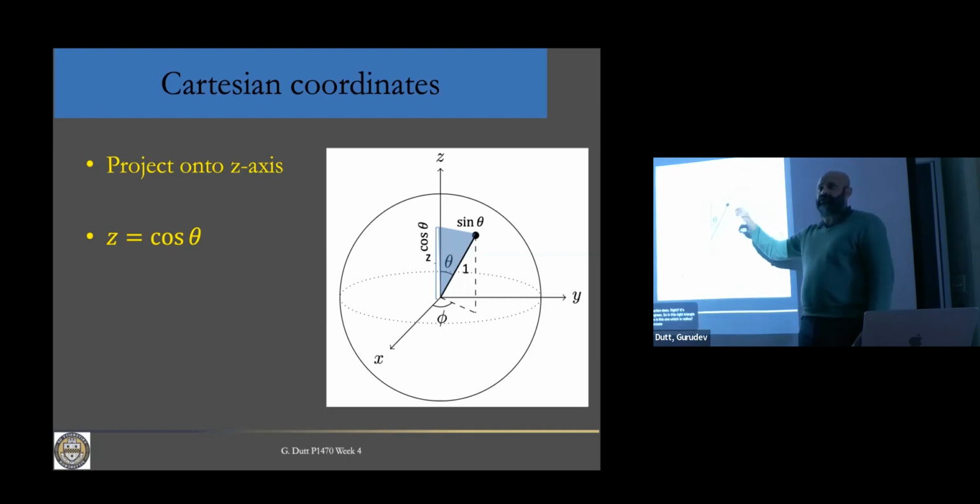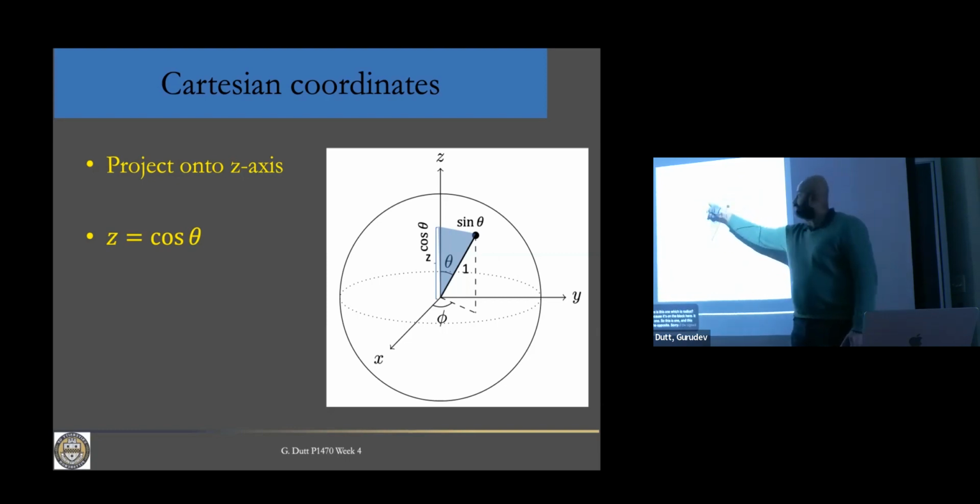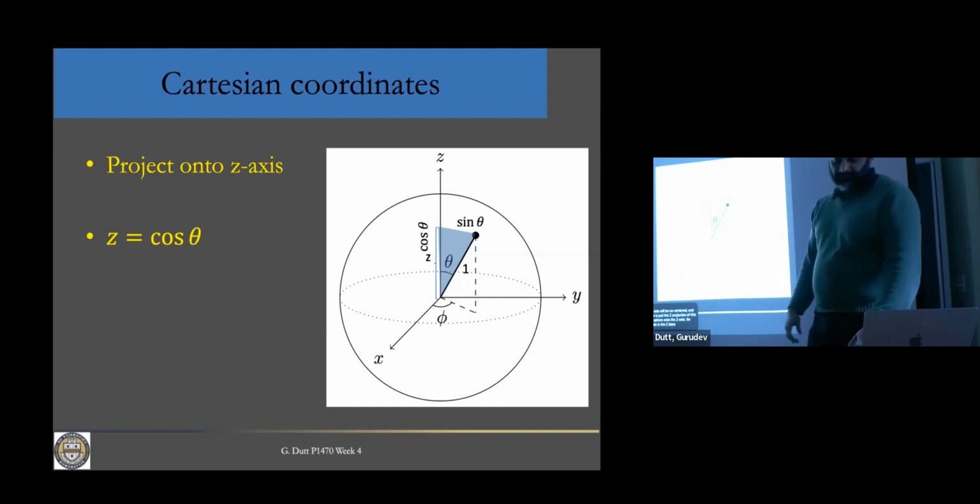Remember, because it's on the Bloch sphere, it has to have radius 1. So this is 1, and this angle is theta. The opposite side will be sine theta, and the adjacent side will be cosine theta. And that adjacent side is just the projection of this point on the Bloch sphere onto the z-axis. So the coordinate in the z direction is cosine theta.